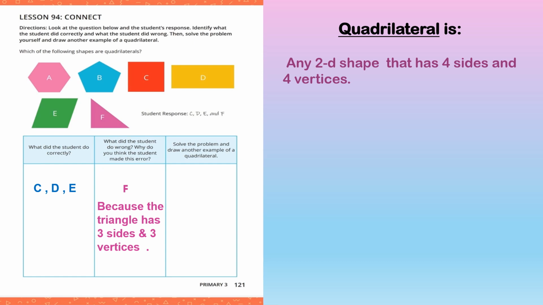So the correct answer will be C, D, and E. And I will draw another example of a quadrilateral, so I can draw any shape with 4 sides and 4 vertices, like this, which is called trapezium or trapezoid.